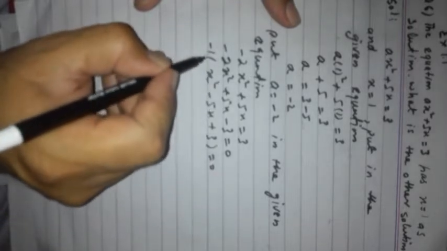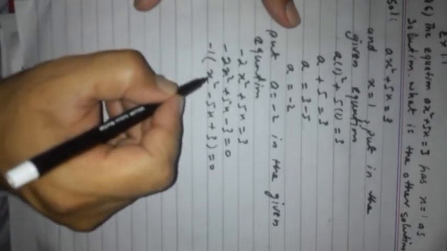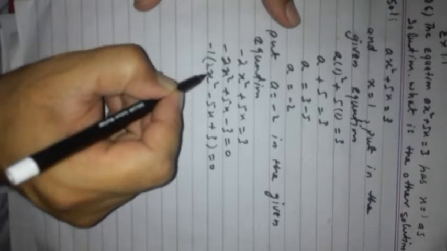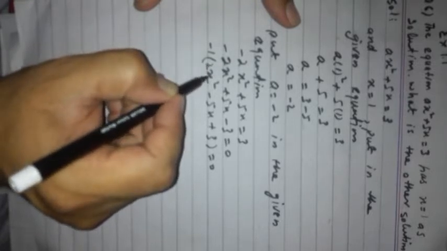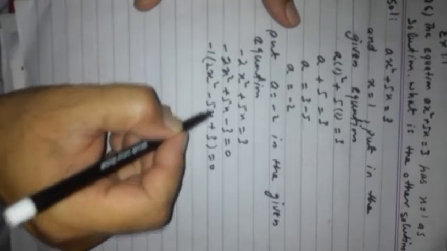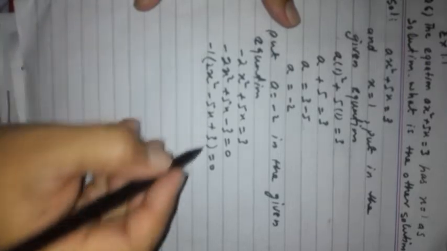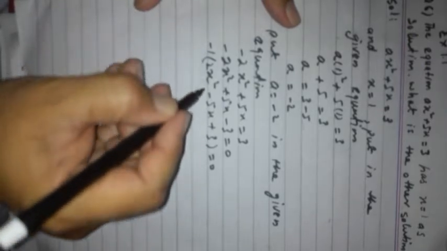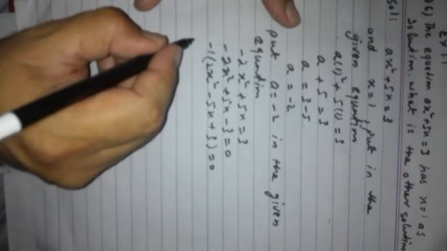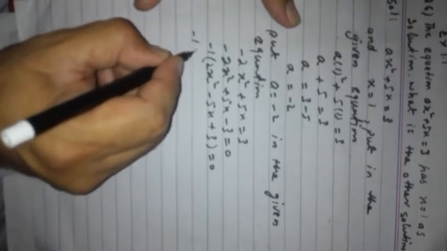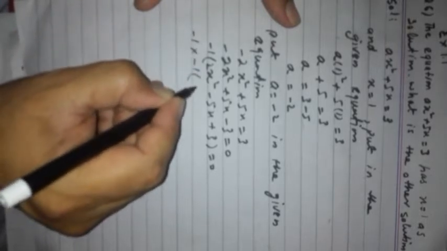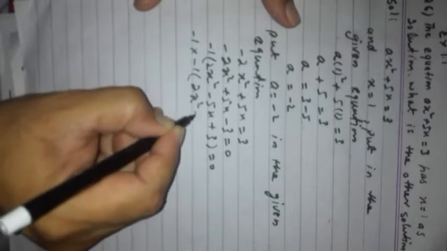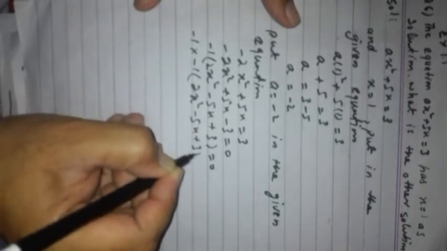When we take minus 1 common, the minus term will become plus or positive, and the positive will become negative. Now multiply both sides by minus 1 or divide both sides by minus 1. Let us multiply both sides by minus 1. Minus 1 into minus 1, 2x square minus 5x plus 3 equals to minus 1 into 0.